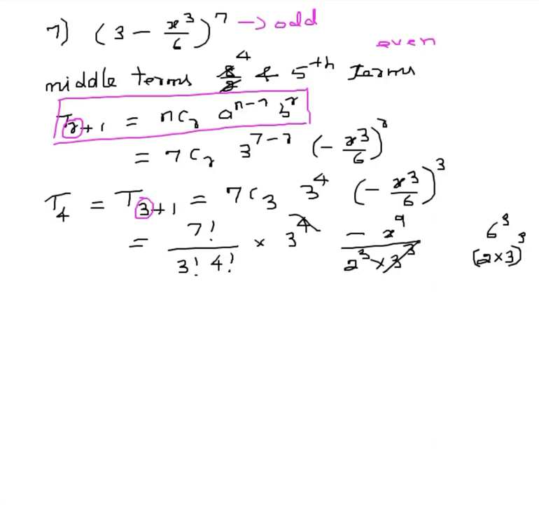I can cancel 3 cube, 1 3 remains in the numerator. Cancel 4 factorial, 5, 6, 7 divided by 3 factorial is 2 times 3 and 3 minus x raised to 9 divided by 2 cube is 8.